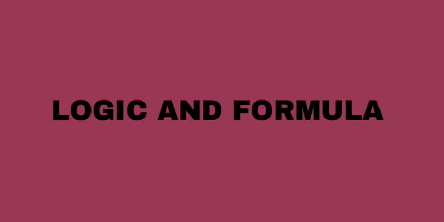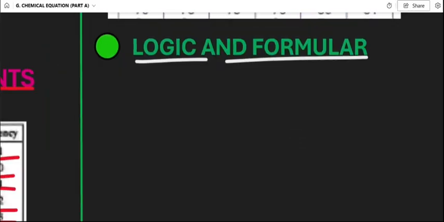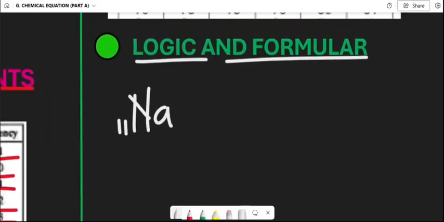Okay, moving to the logic and formula. Let's assume I want to find the atomic weight of sodium, and likewise the atomic weight of oxygen. The very first thing you have to consider is the atomic number. The atomic number of sodium is 11, while the one for oxygen is 8.